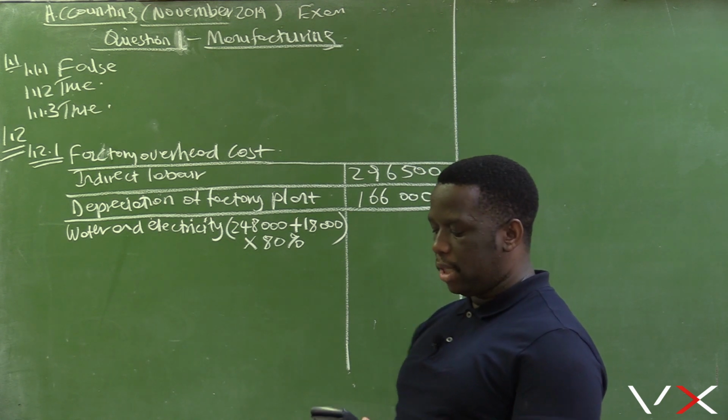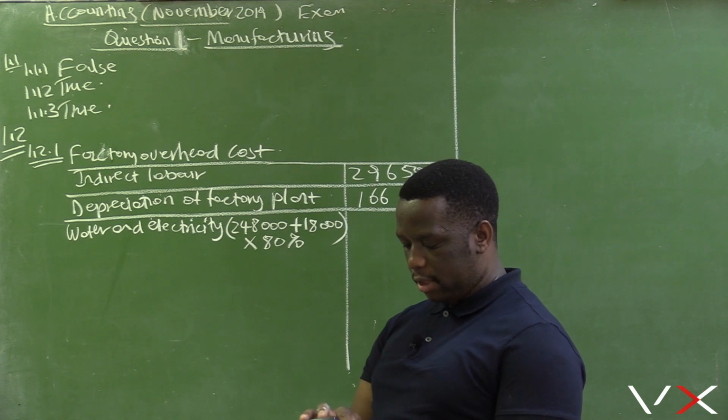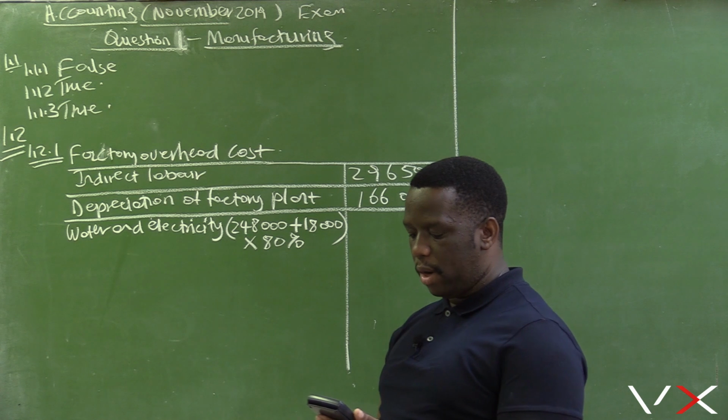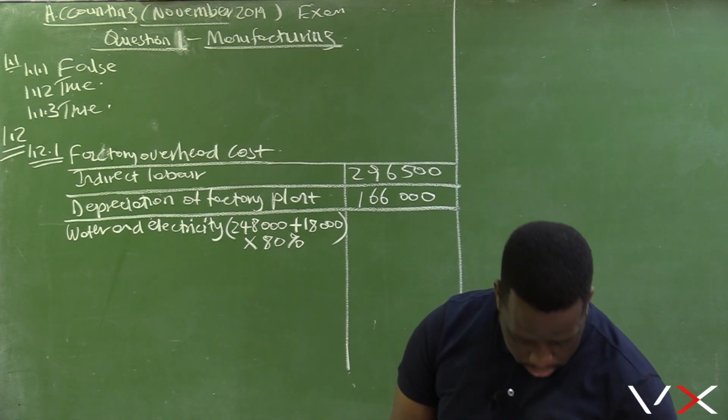That gives us a total of 266,000, and 80% is allocated to the factory, multiplied by 80%, and this is 212,800.